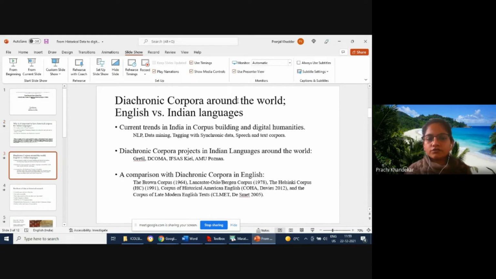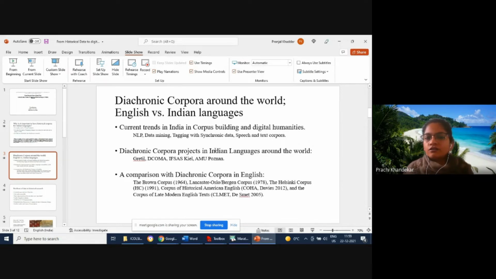So what is really happening in terms of diachronic corpora around the world, in English versus Indian languages? As we know, since yesterday we've had so many presentations on the current trends in corpus linguistics and digital humanities in modern Indian languages. We are using NLP, data mining, and tagging with synchronic data, speech and text corpora, but this is all happening with modern Indian languages.